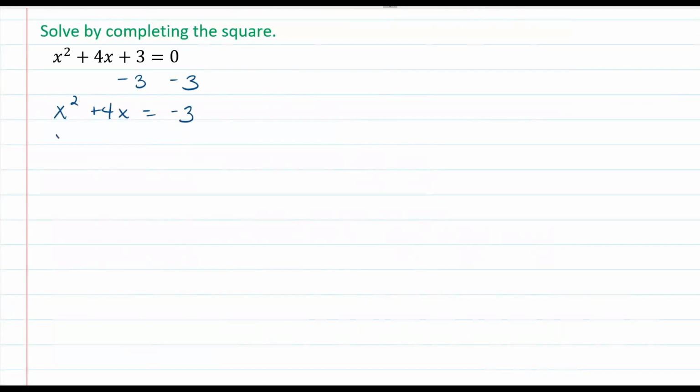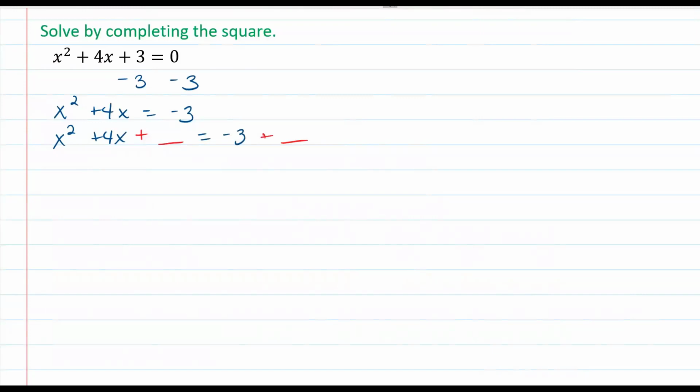So next what we do is we rewrite this as x squared plus 4x plus blank is equal to -3 plus blank. Now we include those blanks because we're trying to convert the left side into a perfect square trinomial, and we include them on both sides because we need this equation to stay consistent, and so what we do to one side, we have to do to the other.